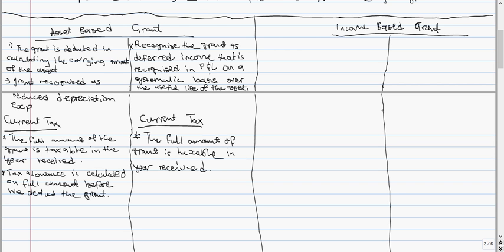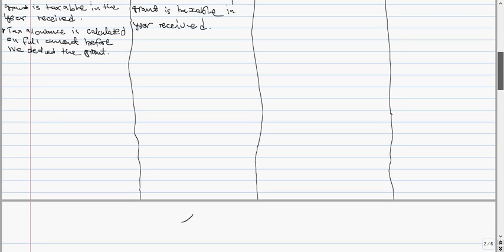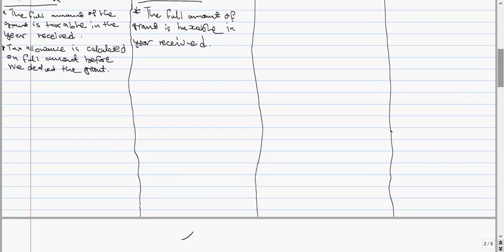Alright, so these are the implications of asset-based grants depending on the way you choose to recognize it. So the next thing we're going to talk about here is deferred tax.